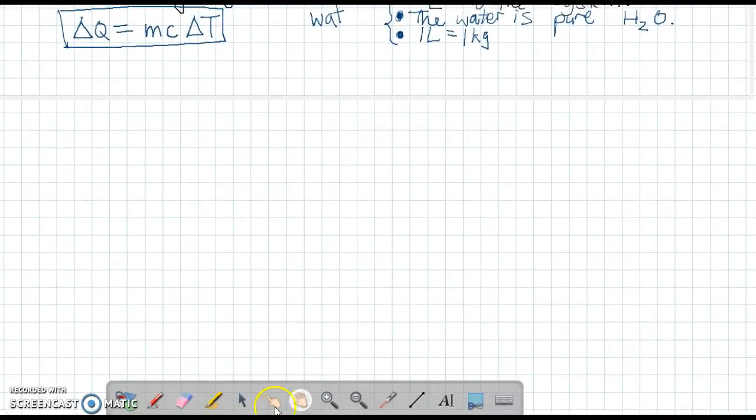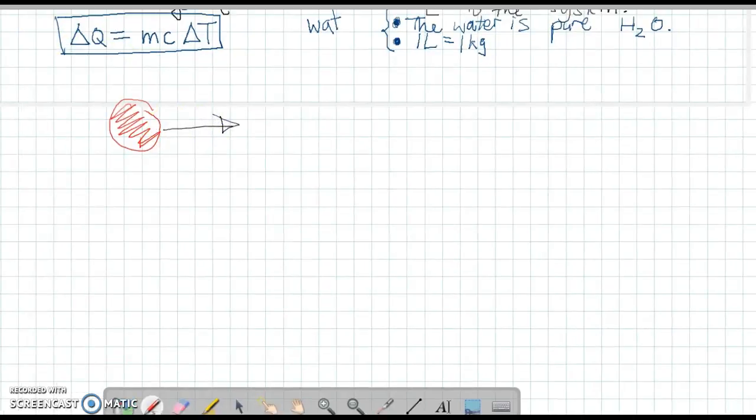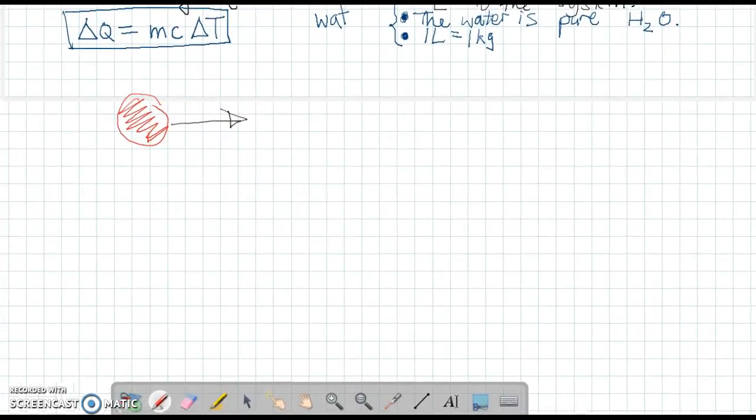So we're treating, in our system we have hot water and energy is transferred to the cold water.